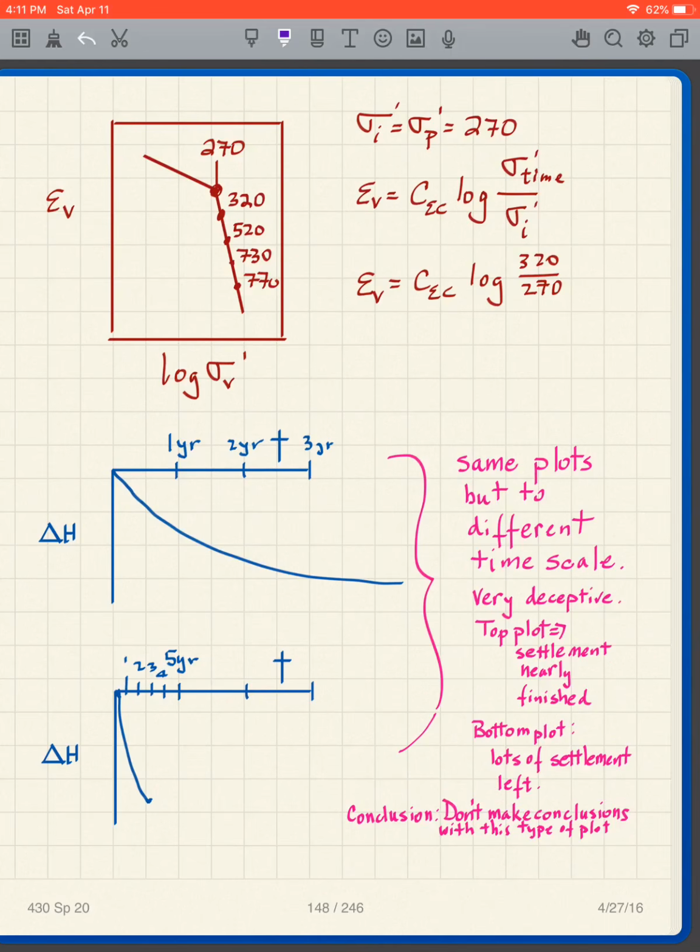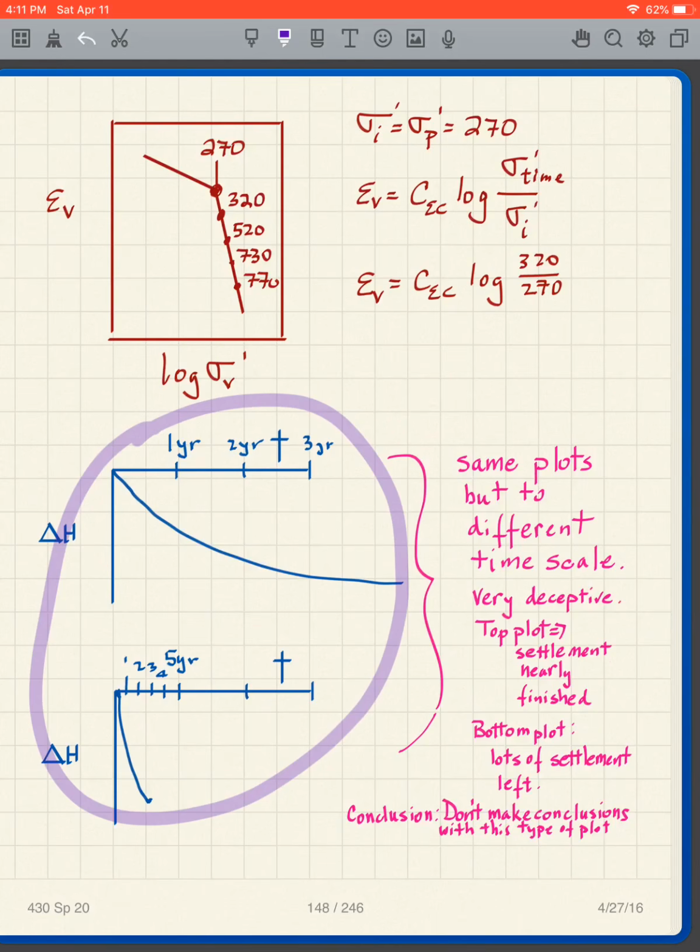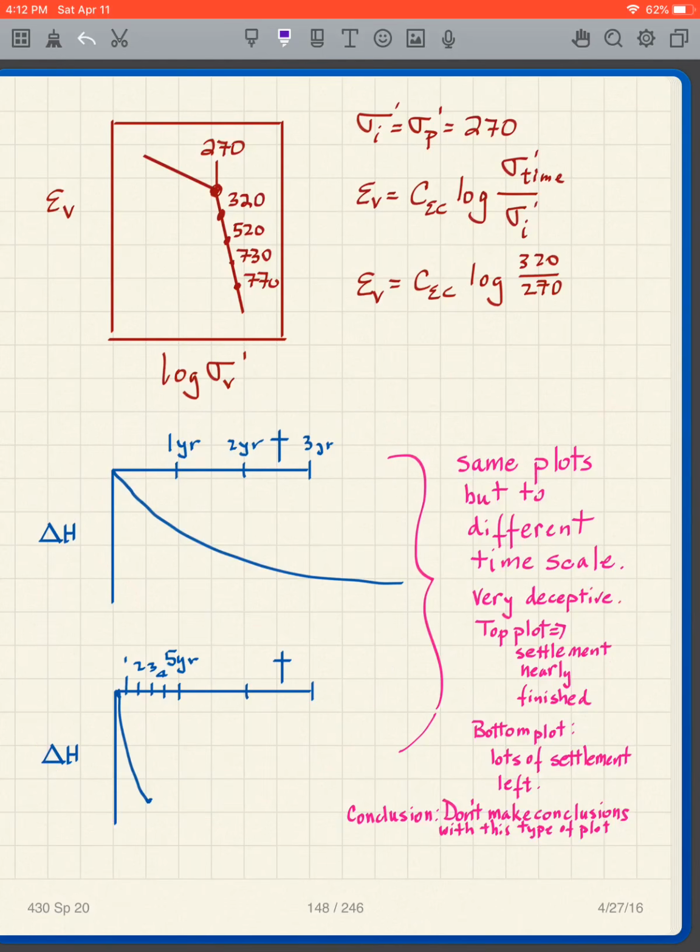Because one thing we know is when the excess pore pressure goes to 0, then settlement's pretty much over. I'll just say it's very difficult to make conclusions from this type of time rate of settlement plot, because you don't know what to use for the scale of the time. Okay.